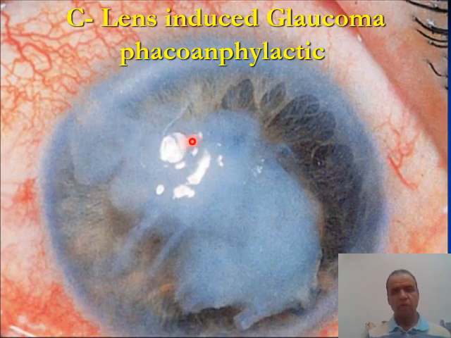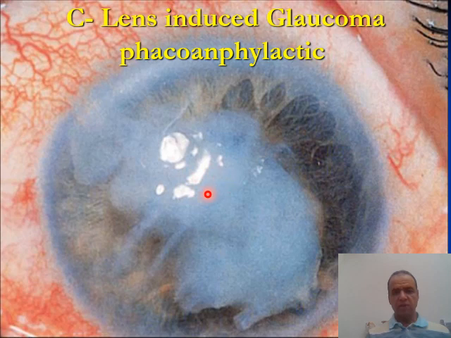I forgot to mention that the treatment for phacomorphic or intumescent glaucoma is also by removing the lens with cataract surgery. Here in this slide there is a release of lens matter inside the anterior chamber due to rupture of the anterior capsule by trauma.